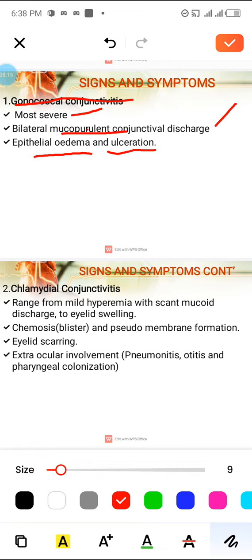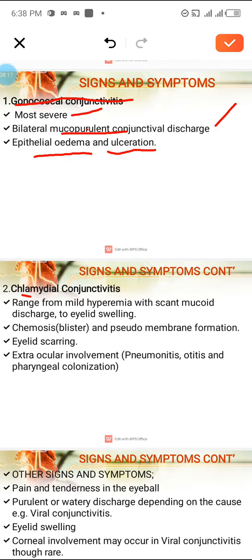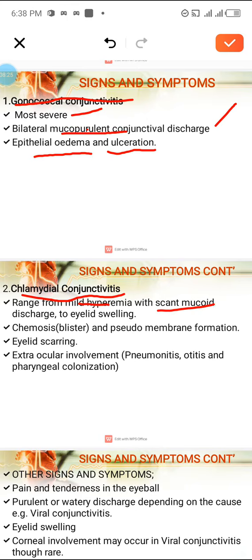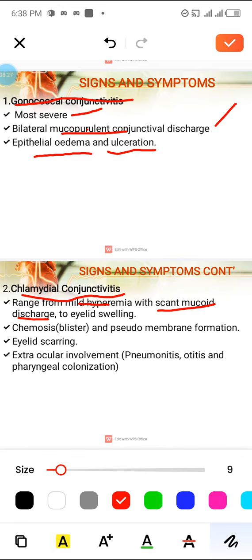Then when you go to the next one, say for example chlamydia, what should we expect? This will range from mild, with scanty mucoid discharge, to eyelid swelling. Sometimes you might find that there's eyelid swelling, then the eyes are red, that's what I was saying, hyperemia.